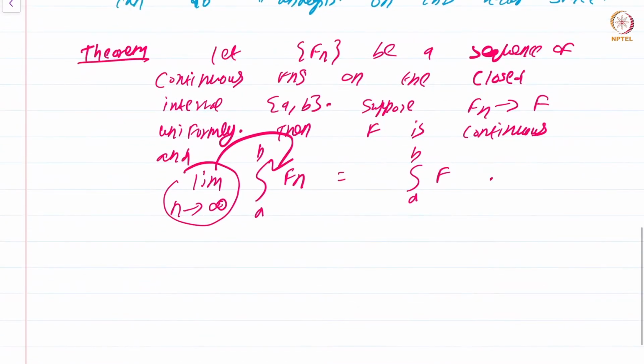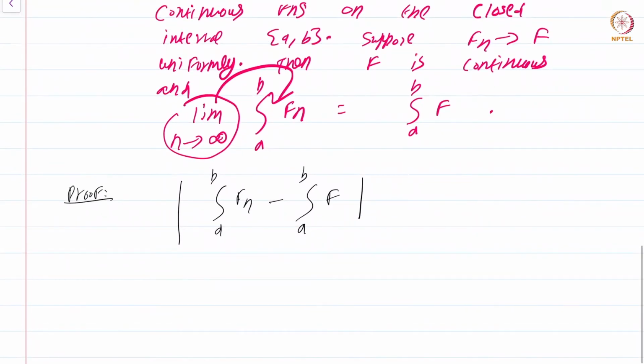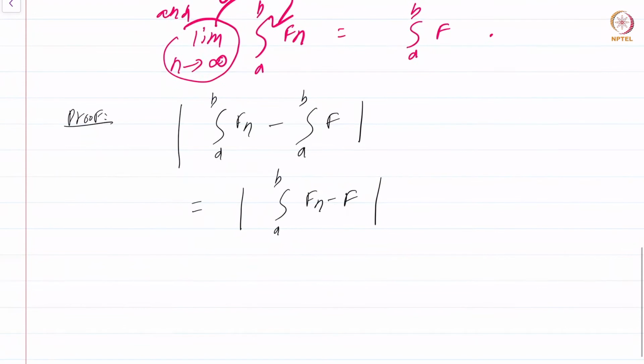Proof. Let's start with the quantity that we are interested in: the integral from a to b of fn minus the integral from a to b of f. By linearity, this is the integral from a to b of (fn minus f). This is less than or equal to (b minus a) times the supremum, or let me invoke the notation that we have already concocted precisely for this purpose, the norm of fn minus f.